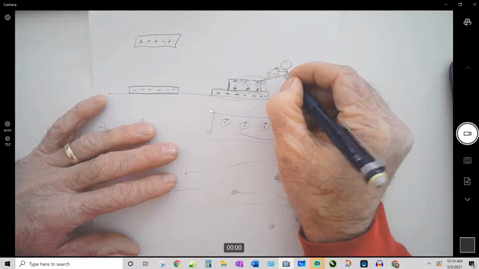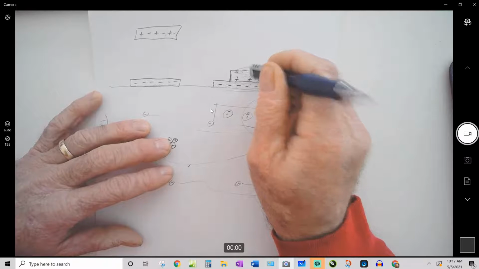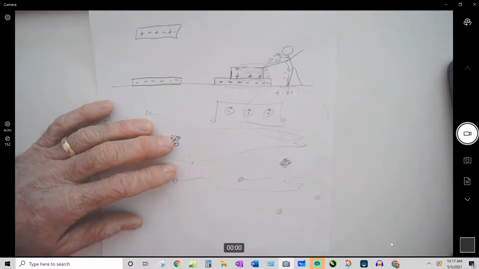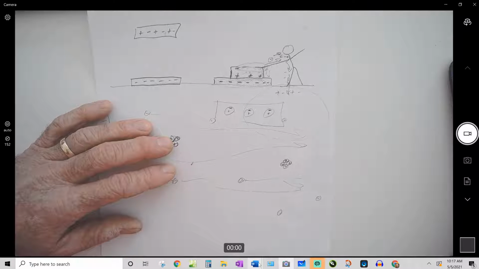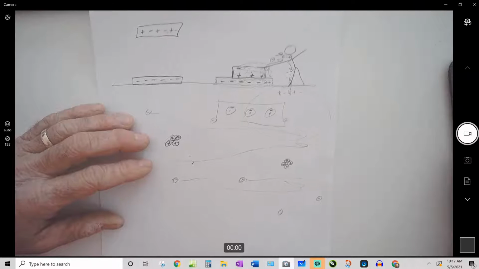They're going out, and maybe I should erase a couple of them from my picture. So there we go. That next picture should look like that, and then finally, picture 4. The person lets go and walks away, and then what do we have in the end after the person lets go and walks away?